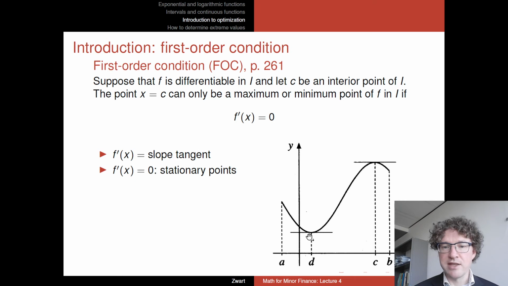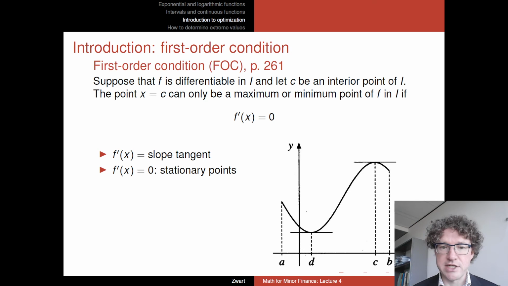So if you have an interior point, which is either a max over here, or a minimum over here, then we know for sure, if this function is everywhere differentiable, that f prime, the derivative of the function, should be 0 at those points. And those are actually our special points. They have a name. They're called stationary points, because basically if you're walking through this graph at this very moment, you're neither going up nor going down.